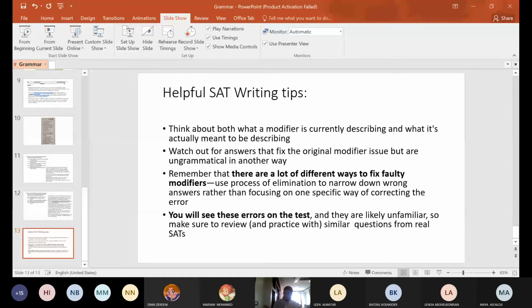So we finished misplaced modifiers the previous time. Did we solve anything on it? We explained it, but we didn't solve, right?